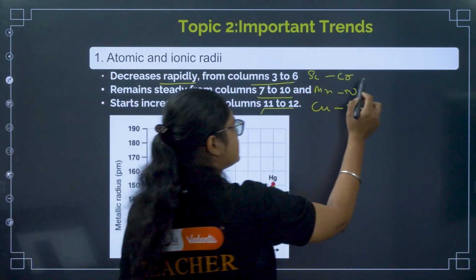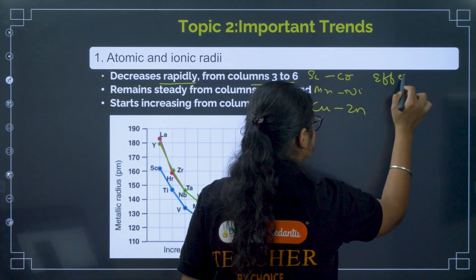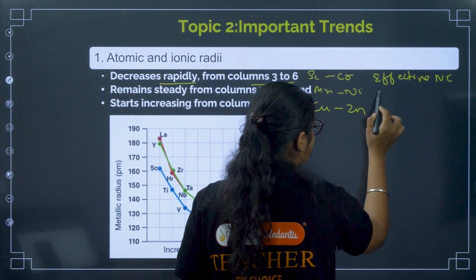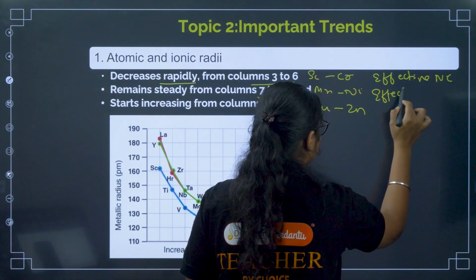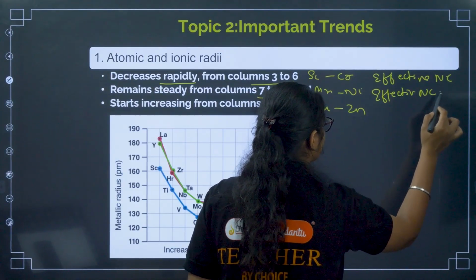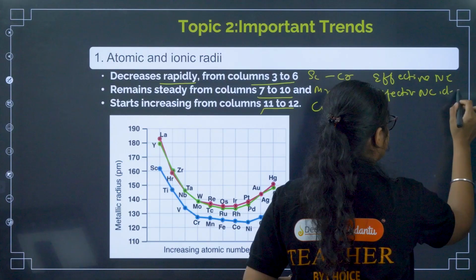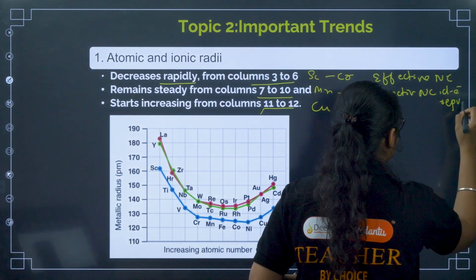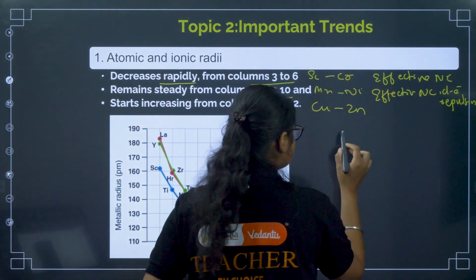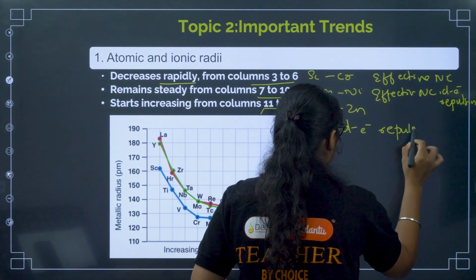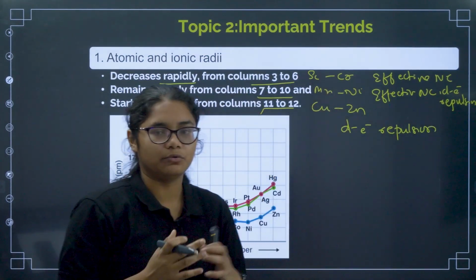Here the effective nuclear charge is more powerful. Here the effective nuclear charge and the d electron repulsions are balanced out. And in the last one, if you see, the d electron repulsions are more dominating than the effective nuclear charge.